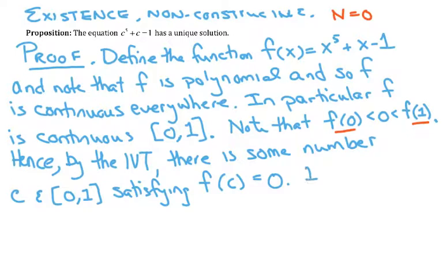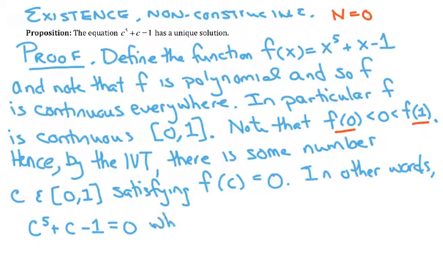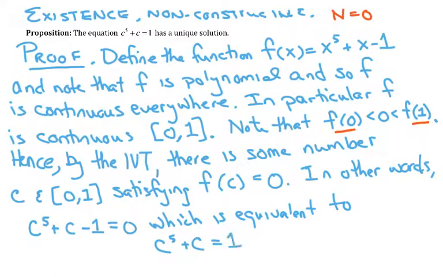In other words, c to the fifth plus c minus 1 equals 0, which is equivalent to c to the fifth plus c equals 1. Thus, we have a solution.